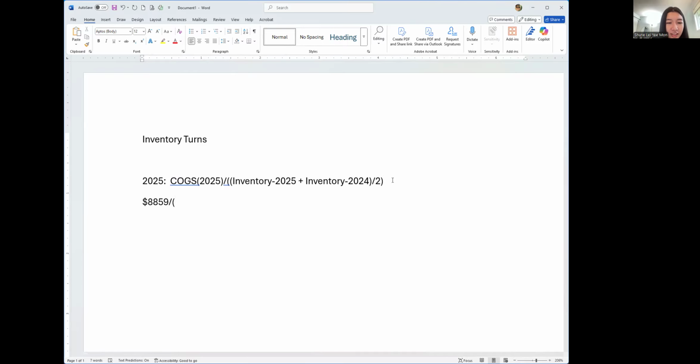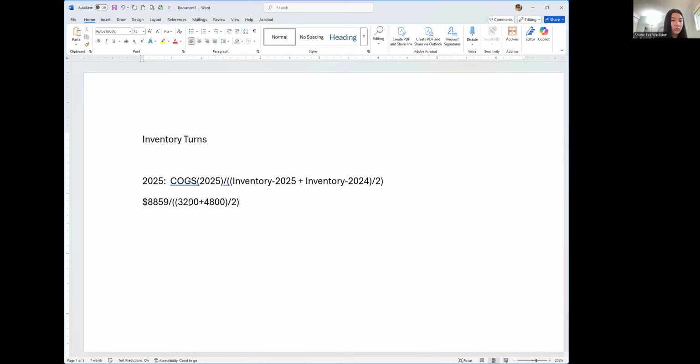No, that's too close to the other number. 3,200 for 2025. And let's say it was 4,800 for 2024. Add those together and divide by 2.